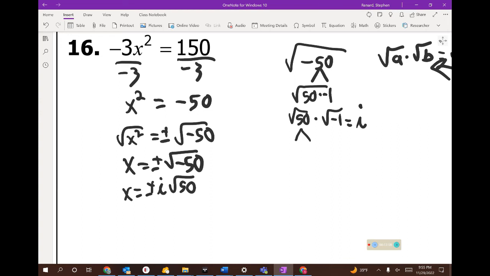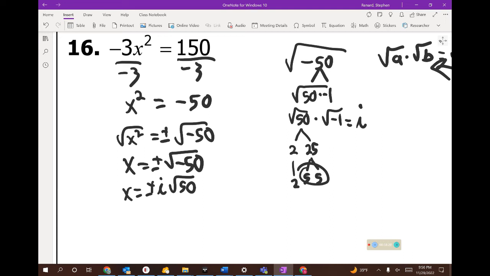50, not a prime number, is divisible by 2. So we go 2 and 25. 25, not a prime number, not divisible by 2. Is it divisible by 3? Nope. Is it divisible by 5? Indeed it is. So we have 2 times 5 times 5.